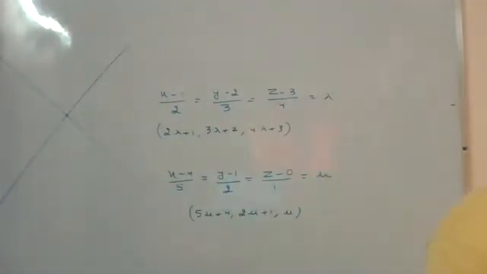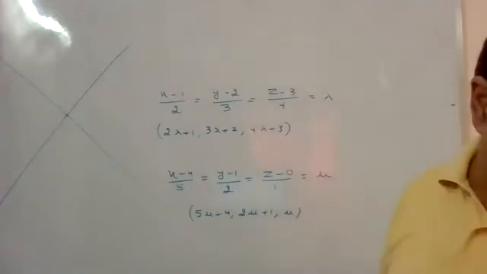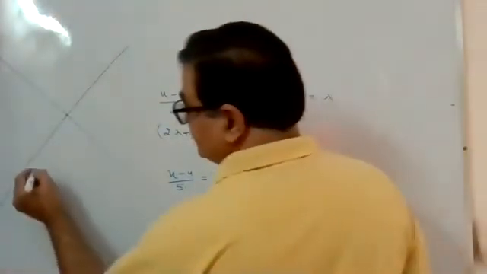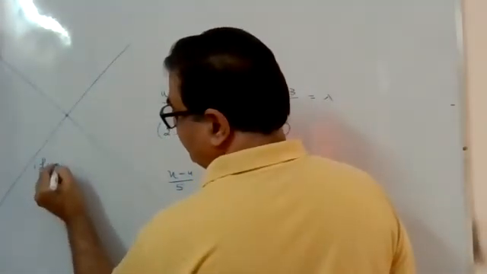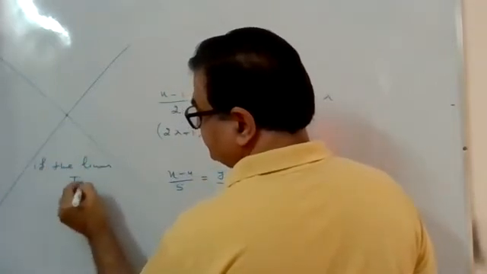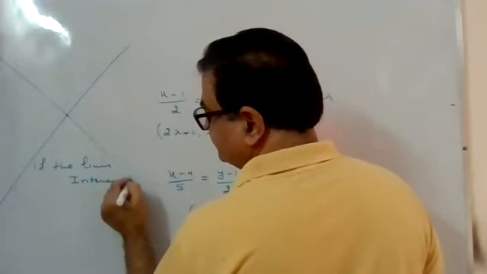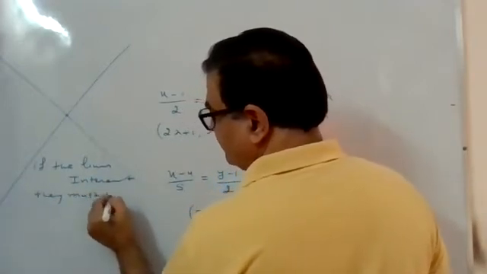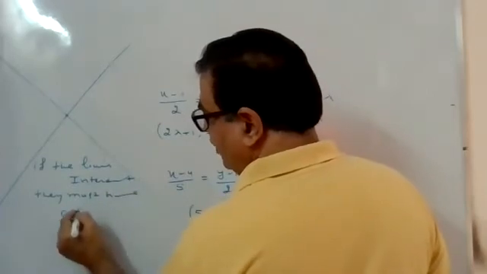So first we have calculated the general point of the two. If the lines intersect, these lines must have a common point.